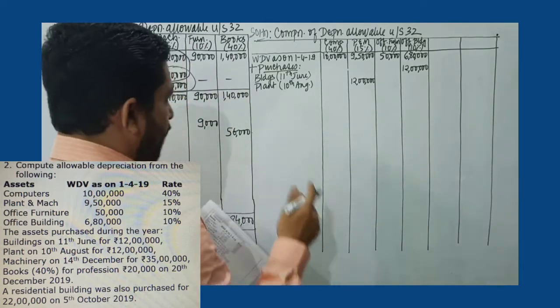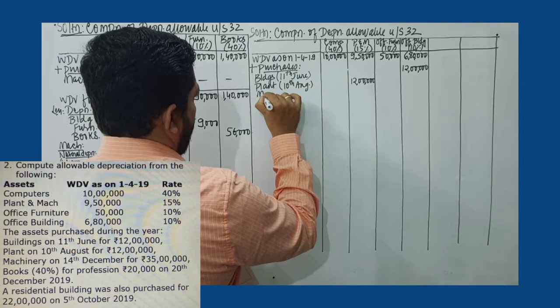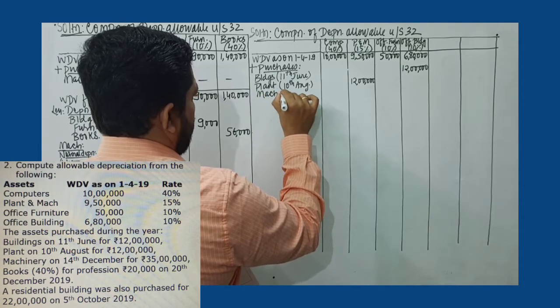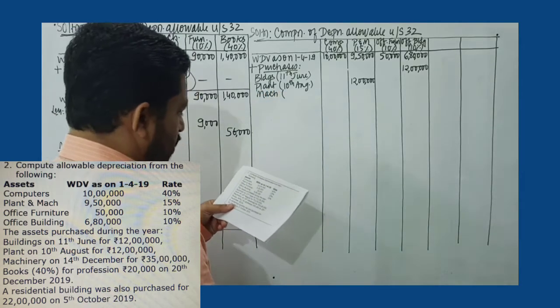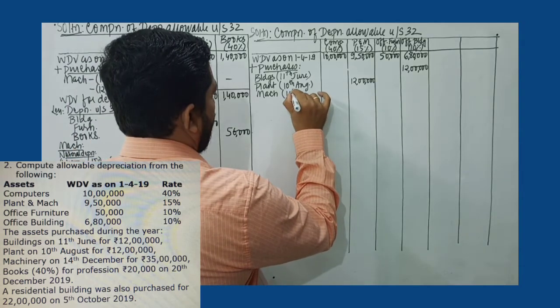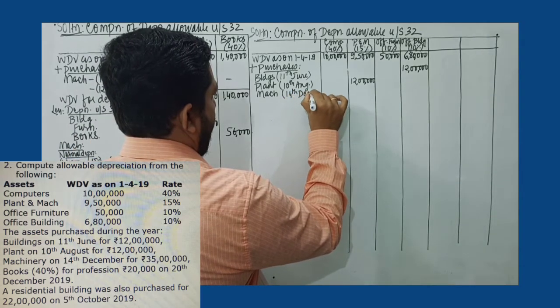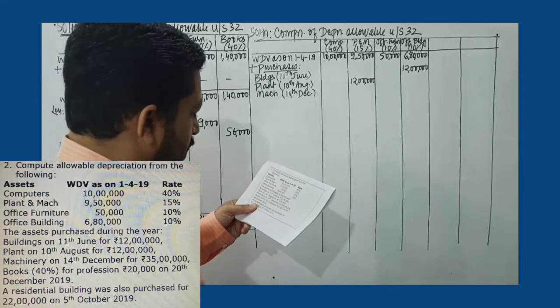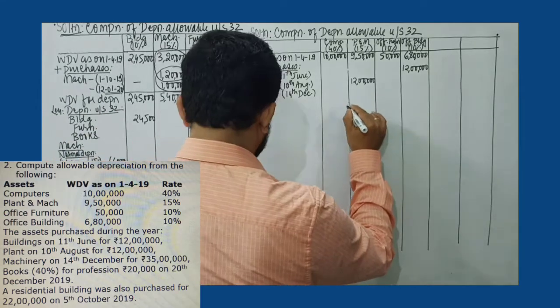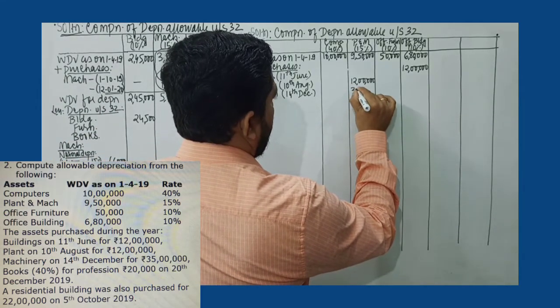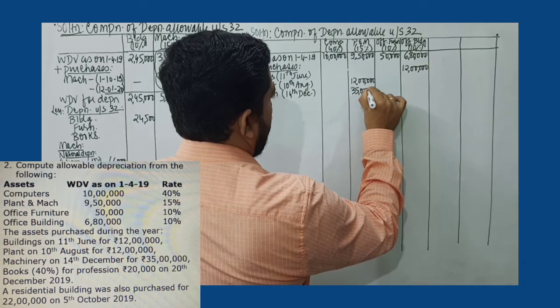Then there is machinery purchased. So plant and machinery, one and the same. So machinery is purchased on 14th of December, and the value is 35 lakh. So once again I record it in plant and machinery column. I record 35 lakh.